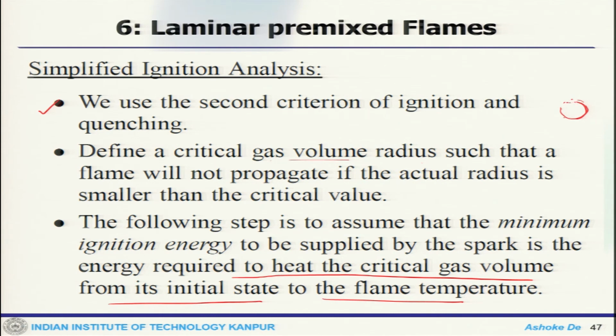That means if you define a gas volume, the idea is what minimum energy the spark would need to raise it to the flame temperature. This is how we are going to do the analysis, and we will stop here and continue the analysis in the next lecture. Thank you.